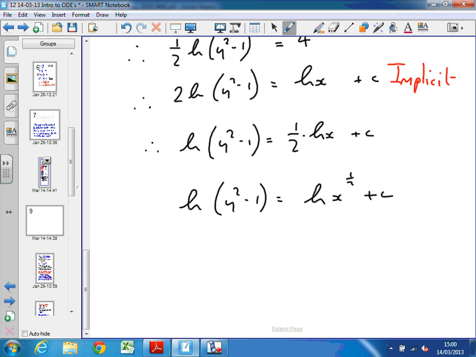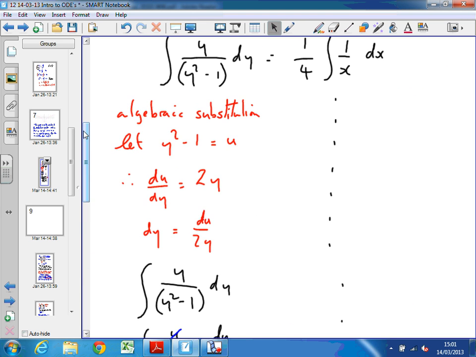And then we take e to the power of both sides. We put the exponential function to both sides. So therefore, y squared minus 1 equals x to the half plus e to the c, effectively. You could do that, but you wouldn't, because we only put it as u as a means of being able to integrate it up here.